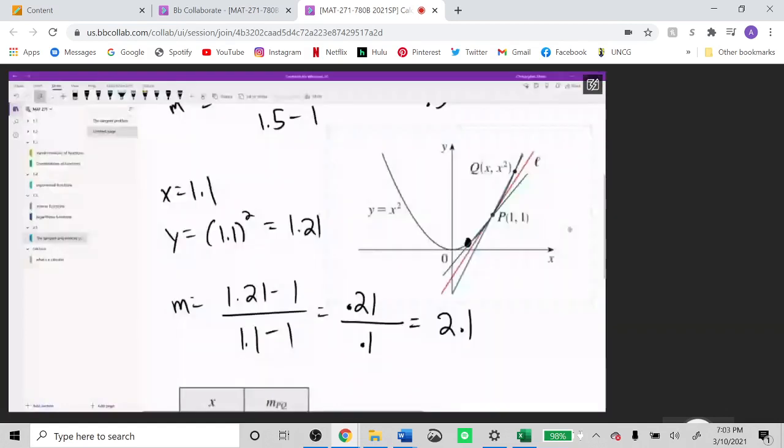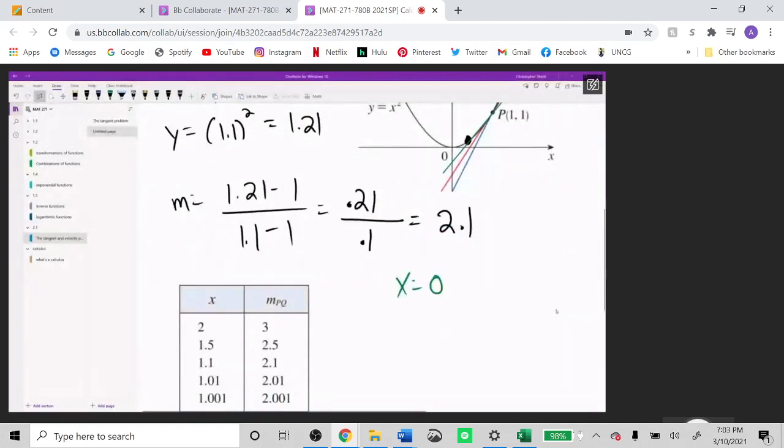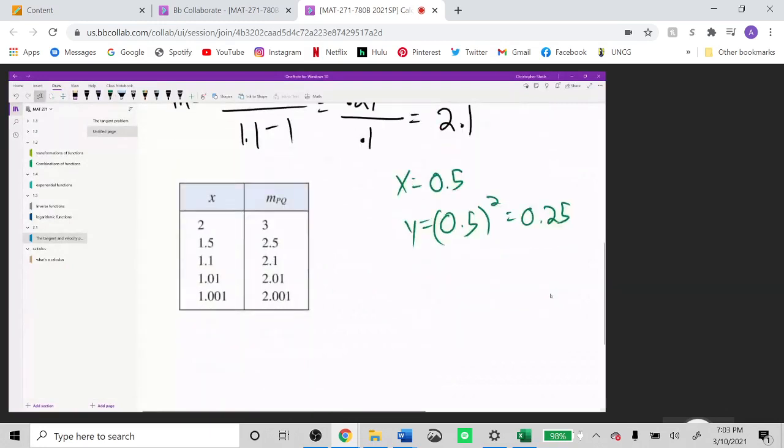For instance, I could have said that x was 0.5. And if I chose for x to be 0.5, y would be 0.5 squared, which is 0.25, right? And I could find the slope this way. This would be 0.25 minus 1 over 0.5 minus 1.